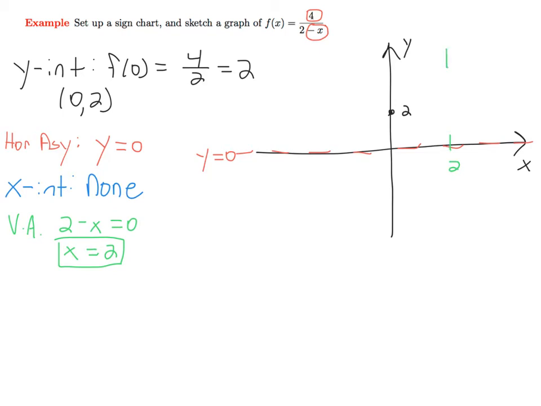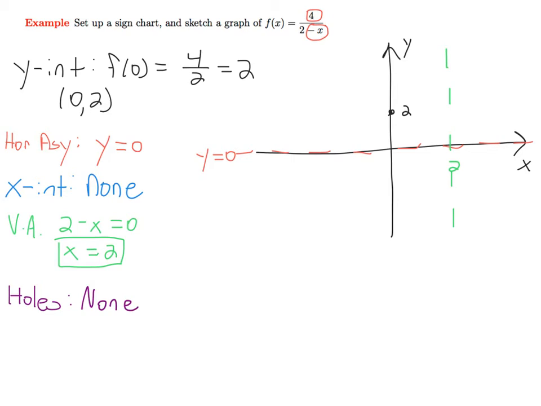I'm going to dash that vertical line in green. And then lastly, holes would occur at any values of x that are common to the numerator and the denominator. Since the numerator is never 0, we have no common zero, so we don't have any holes.